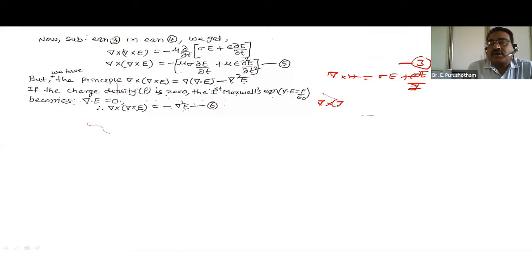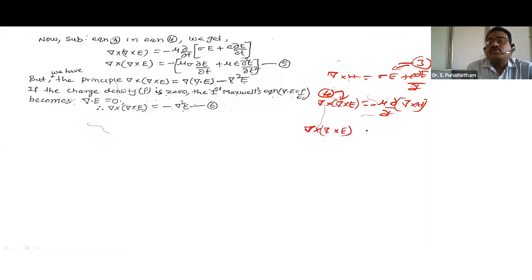Curl of E is equal to minus mu dou by dou t of curl of H. In equation 4, we just substitute curl of H.